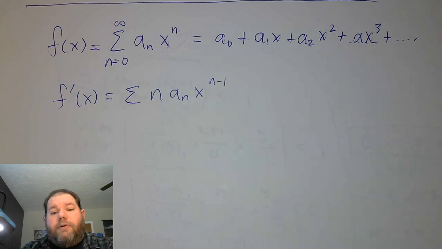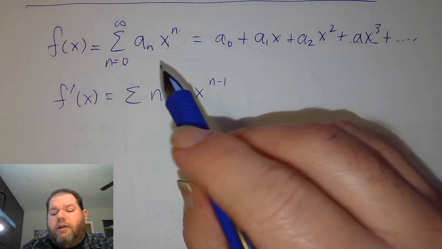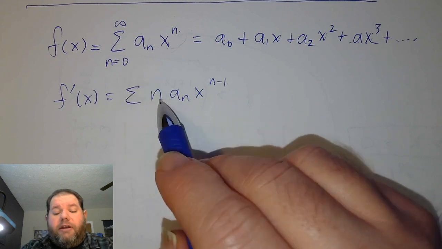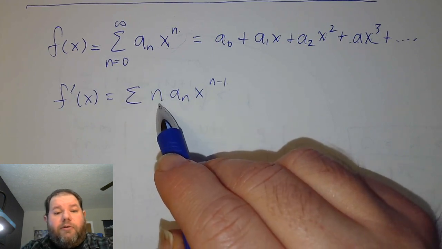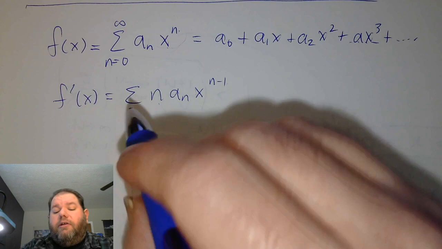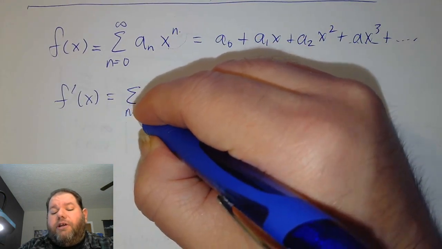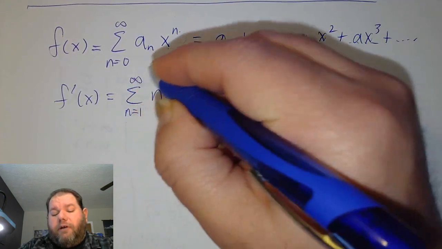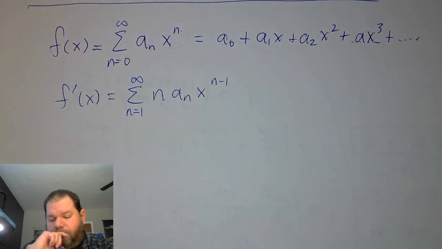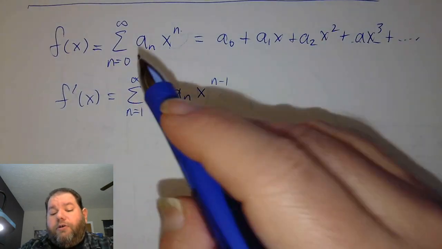X to the minus 1 is a rational term, it's not a polynomial term. Remember that x to the minus 1 is 1 over x. And we don't want that to be in our power series. It cannot be part of our power series. The other issue is if we plug in n equals 0, this is just going to zero out the whole thing anyway.